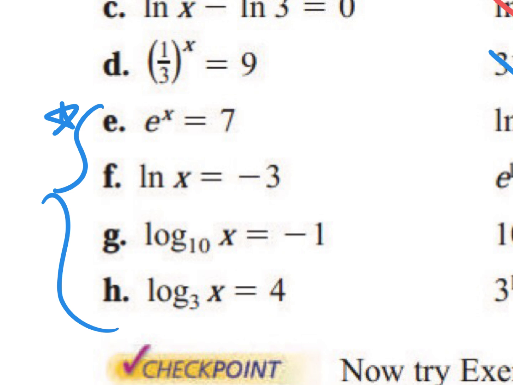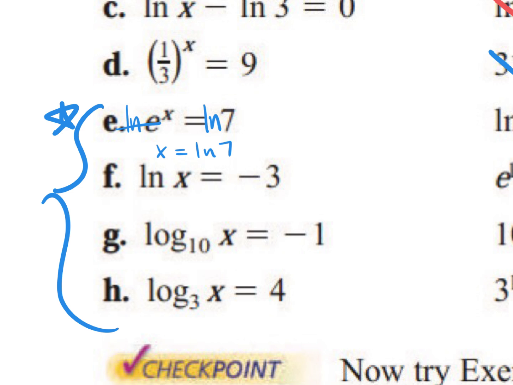So here, ln and e will always cancel each other out. So in step E, we would take the ln of both sides. Ln of e is just 1. They cancel, so we're left with x equals the ln of 7. We would just put the ln of 7 in our calculator.